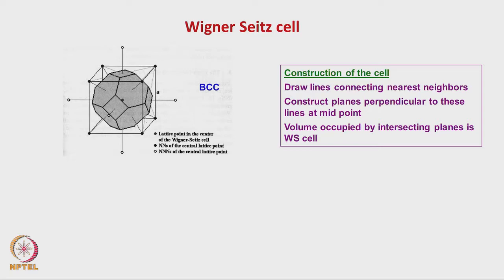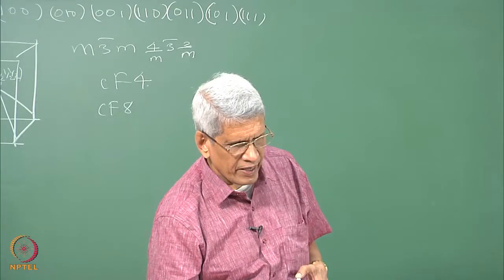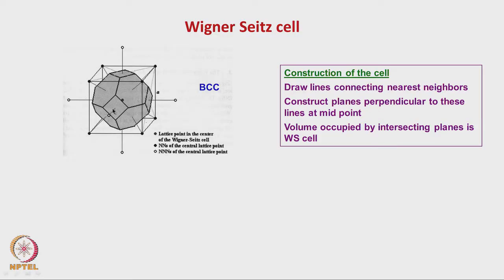If you look at the faces which it has, it exhibits the full point group symmetry of the crystal. Here what we have is a hexagon and a square with which the surfaces are formed for BCC. This is called a Wigner-Seitz cell.